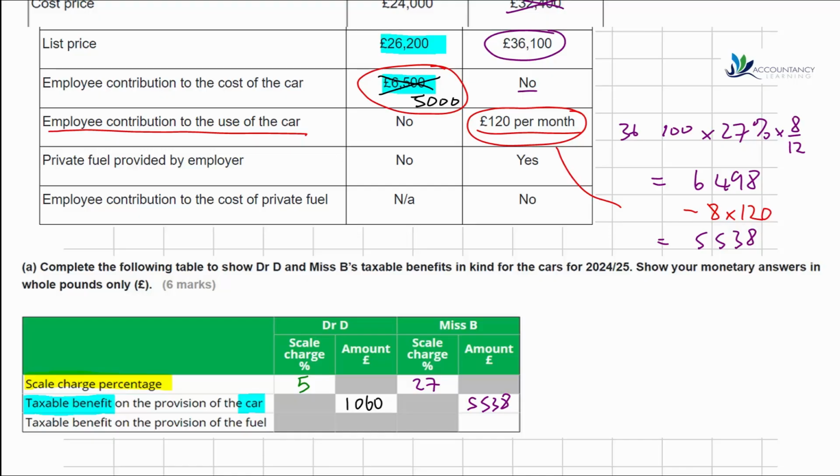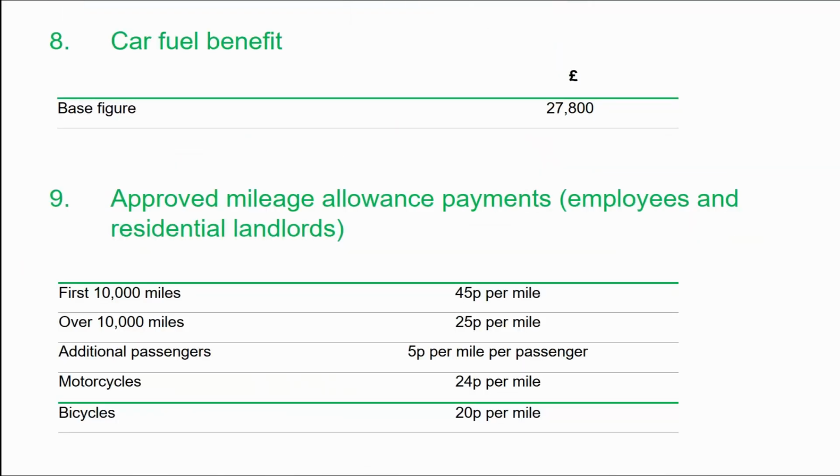The last part of this asks us for the taxable benefit on the fuel. So we can see that for Dr. D, they don't get any fuel in their job, but for Miss B, she does get some fuel. So information for the taxable benefit on car fuel is in the reference materials in section 8. So we can see that we have a base figure of 27,800.